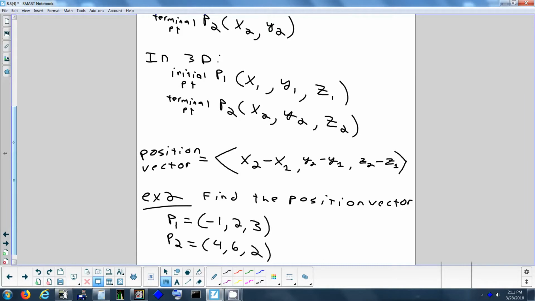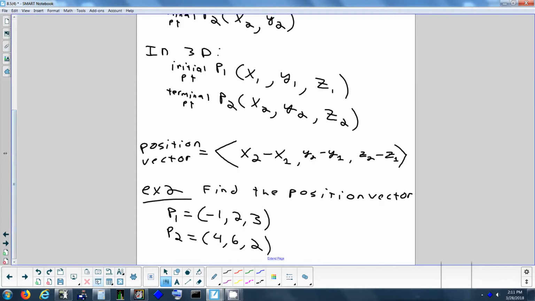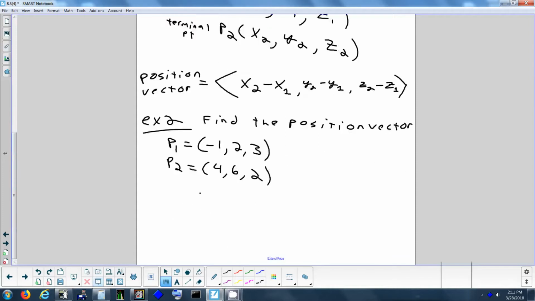Okay, so let's find the position vector. So difference in the x's, terminal minus initial, difference in the y's, terminal minus initial, difference in the z's.